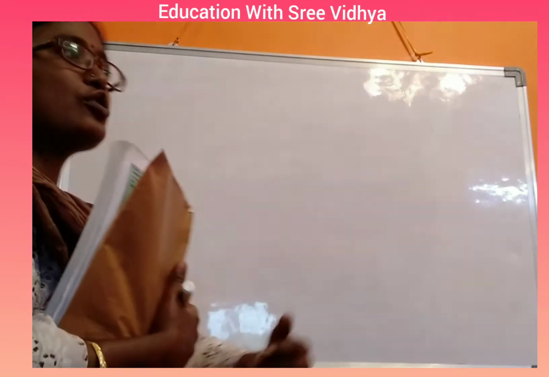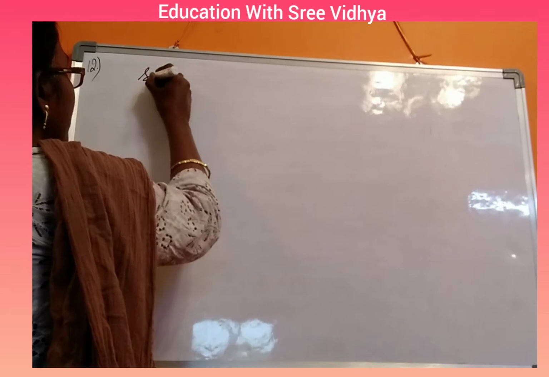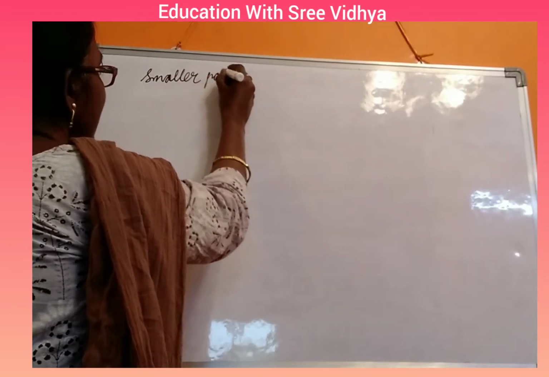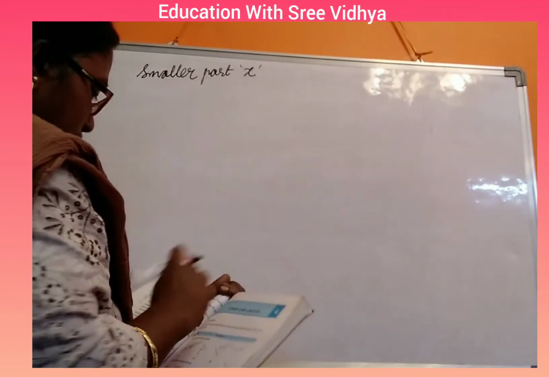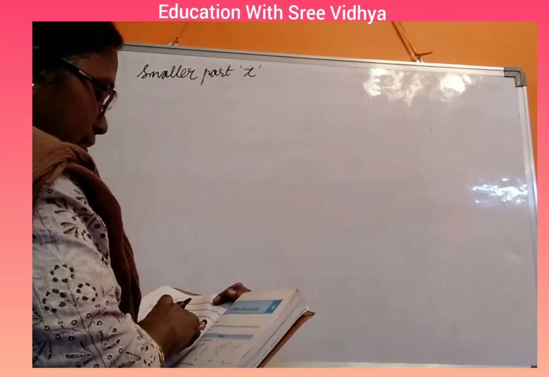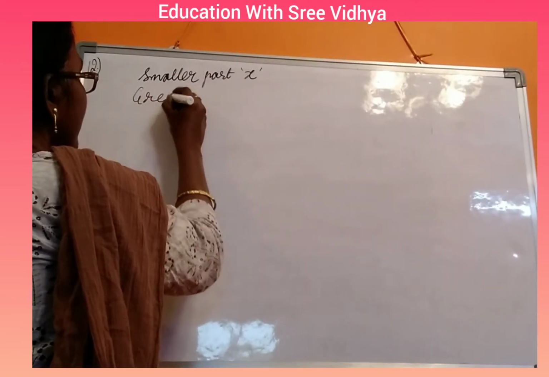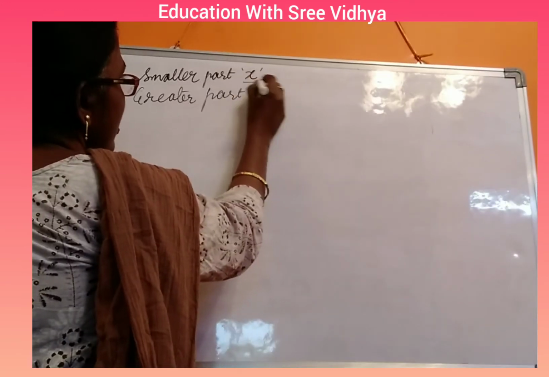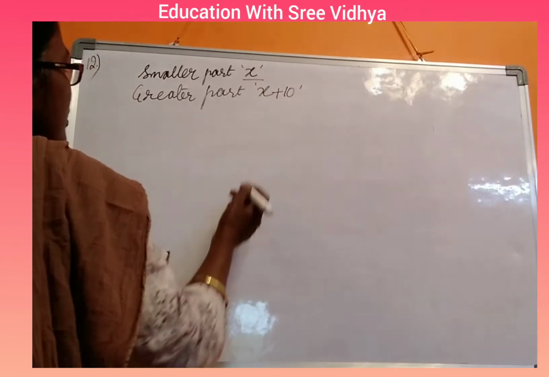Let us assume that the smaller part is X, such that one part is 10 more than the other. And the greater part I am assuming as 10 more than the smaller part.